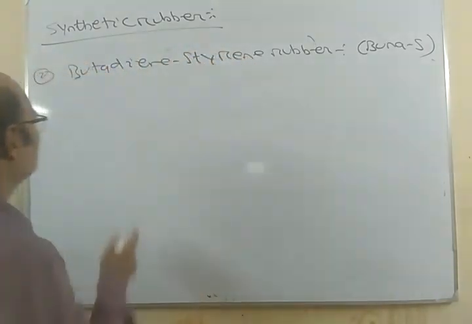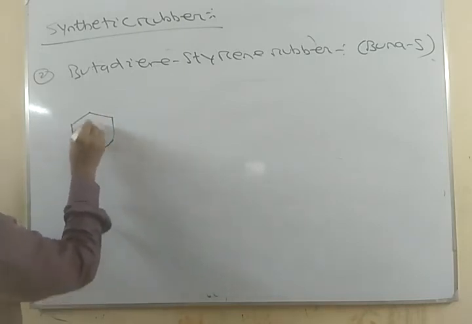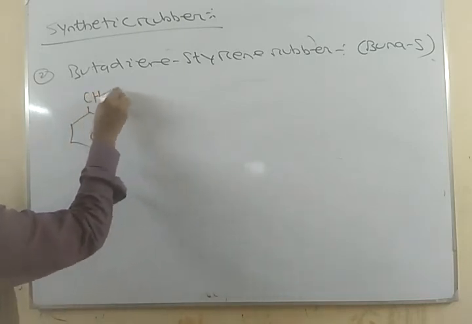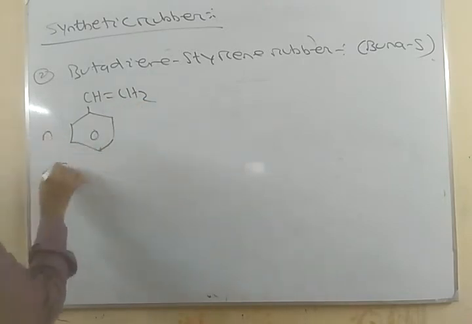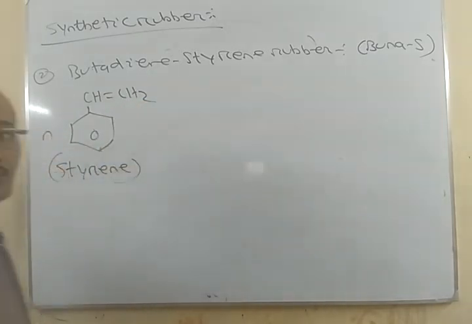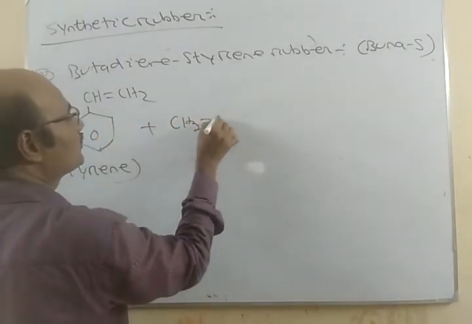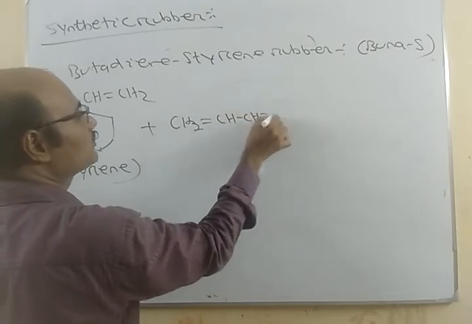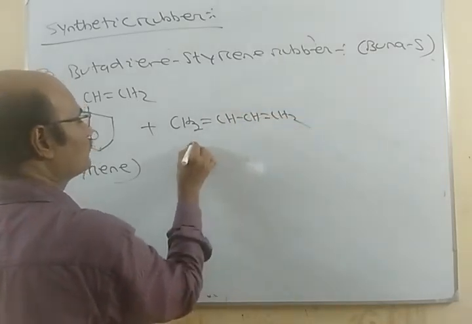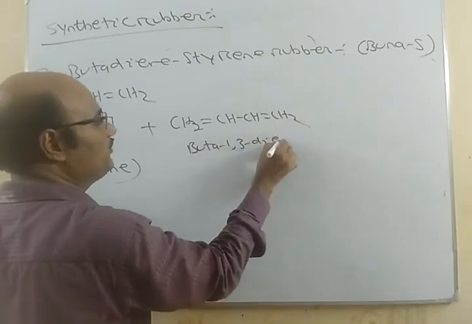See, CH2 double bond CH with a phenyl group is called styrene. Also CH2 double bond CH single bond CH double bond CH2 is called buta-1,3-diene.